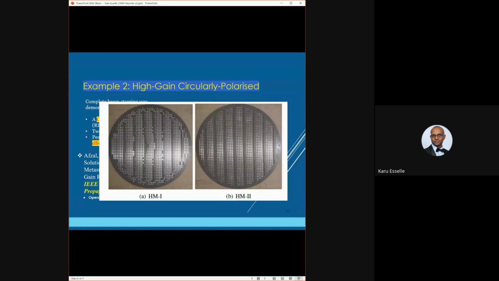Okay, so it's just a better view of those. Actually, now you can see those holes here. Can you see the holes? So along this line, there are no patches. The patches increase the phase shift. The holes decrease the phase shift. If you don't have anything, then it is just a dielectric slab that has a certain phase shift.